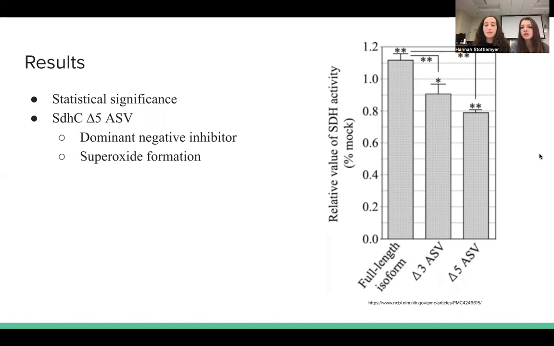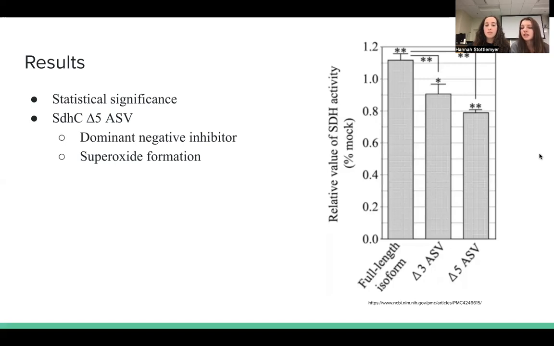So what those asterisks are saying is that there is statistical difference in each of the 3 amino acid sequences, the full length, the delta 3, and the delta 5, in comparison to the normal cells. So in other words, there's significant difference in SDH activity for all 3 of them in comparison to the normal cells.